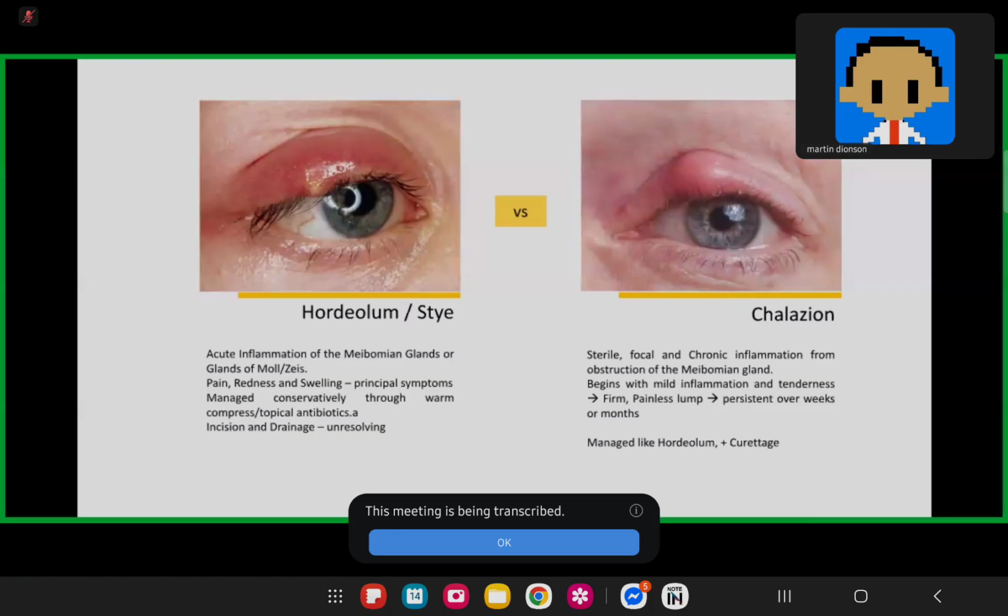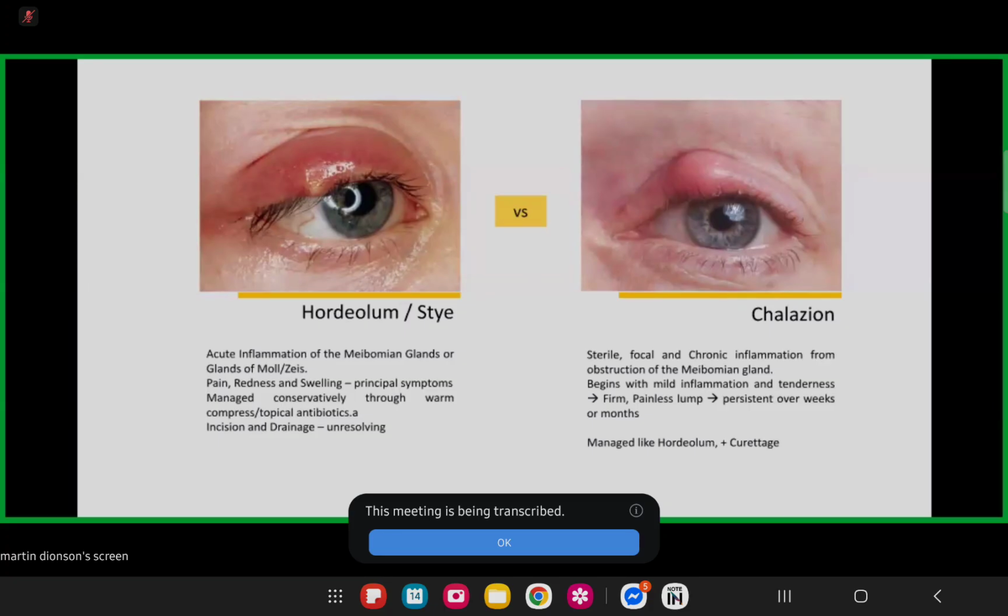Often, it can be a complication or a late stage of your sty. This begins with mild inflammation and tenderness, just like your sty, eventually becoming firm and painless. This may persist over weeks or months. If it's not relieved, then you do curettage and remove the contents located within your chalazion.